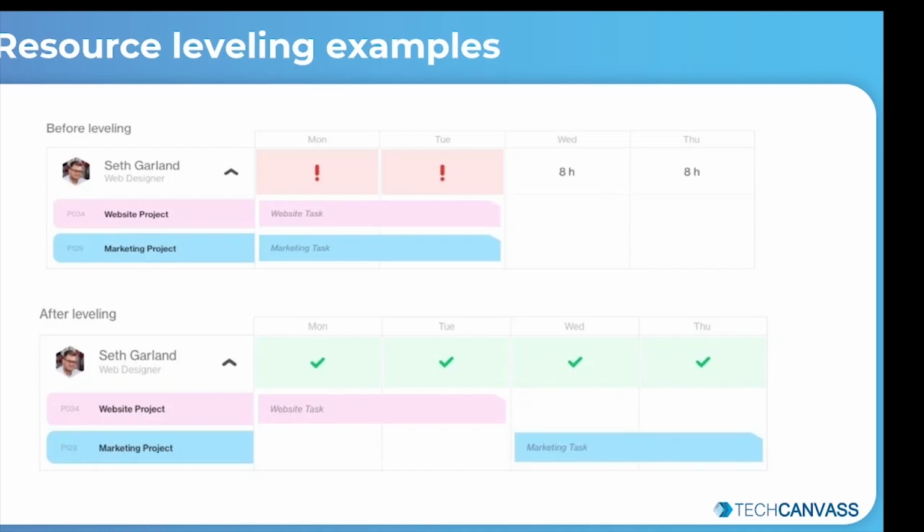We all know that one person can't be in two places simultaneously. Now, resource leveling will reschedule these two tasks so that they are carried out on different days. It will untangle the conflict immediately. Overall, resource leveling aims to prevent such cases from happening and make sure that, first, people don't have unrealistic workload. Second, tasks aren't delegated to the same people over and over again.